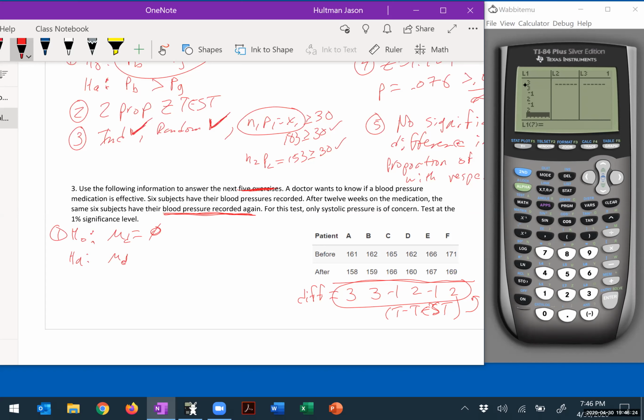If the blood pressure went down, and I subtracted, would that be a positive difference or a negative difference? Isn't that a positive amount? Yes. So this would be greater than 0. The difference would be greater than 0 if the medication was working. Does that make sense?